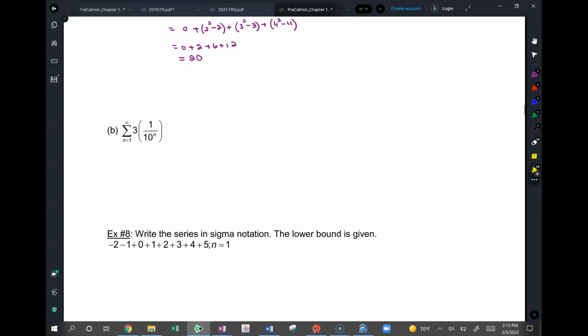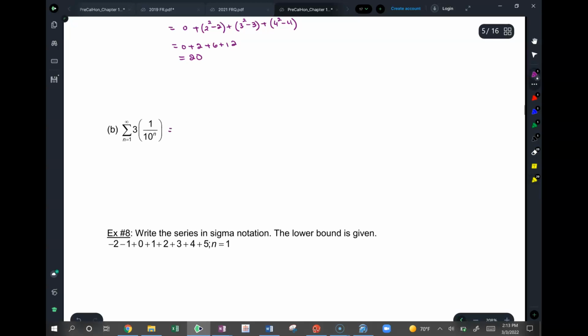It's going to take a long time. So, what's the first one when n is 1? 3 over 10, because there's a 3 outside, 3 times 1, over 10. Plus, what about when n is 2?